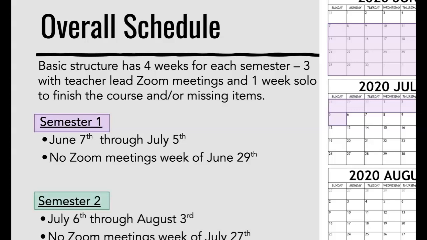Again, we will not have Zoom meetings on that 4th week, which is July 27th. So the 27th, 28th, 29th, 30th, we will be off, and you will have until about August 2nd to finish everything up for semester 2 if needed. So again, basic structure: 3 weeks with Zoom meetings, 1 week by yourself to finish, and then we'll go to semester 2. Same thing, 3 weeks with Zoom meetings, 1 week to finish by yourself.